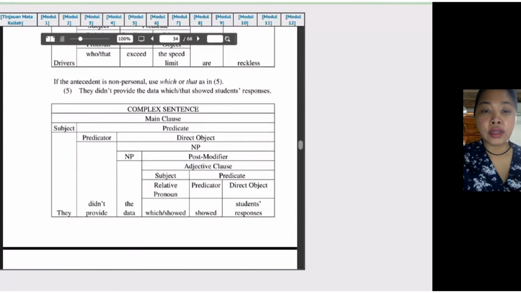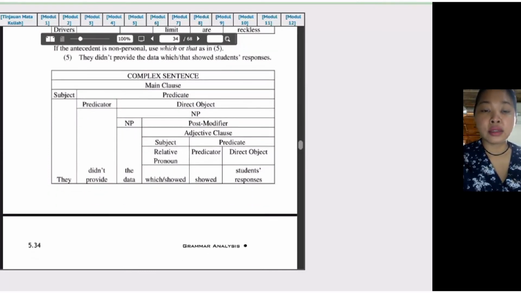And for this one, they didn't provide the data, and then the post modifier: the noun phrase is the data, the post modifier is which show students' responses.